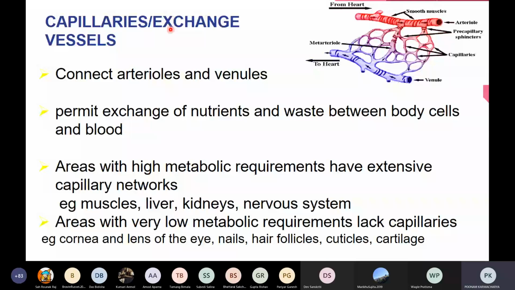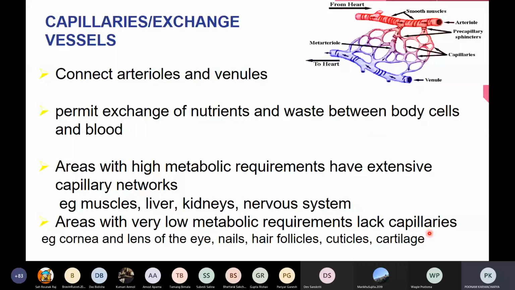And areas with high metabolic requirement have an extensive capillary network, like in case of muscles, liver, kidneys, nervous system. You can find that there is an extensive capillary network. And areas with very low metabolic requirement lack capillaries, like for example the cornea, the lens of the eye, nails, hair follicles, cuticles, and cartilage.